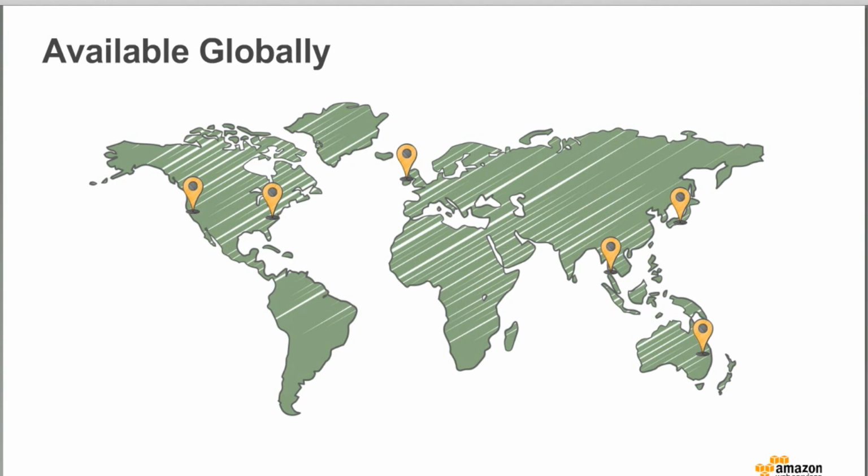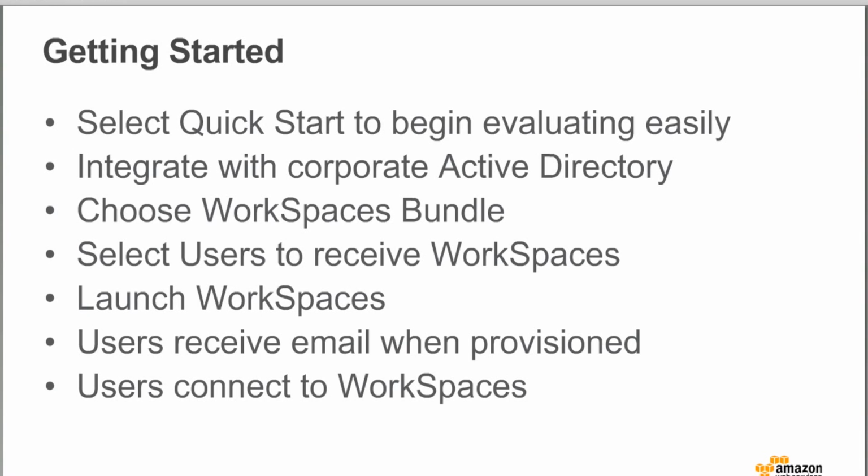It's also available in other regions like Ireland, which is great for our European customers. And in Asia Pac, we are in 3 regions: Singapore, Japan, and Sydney in Australia.